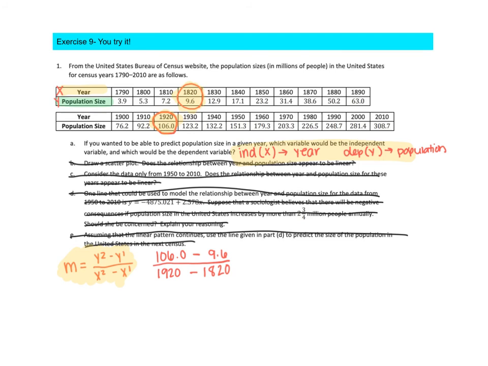And when you do that math out, you would have received an answer that looks like this. You would have got 96.4 over 100, and when you reduce that, you should get that your final M value, your final slope is 0.964. Okay?